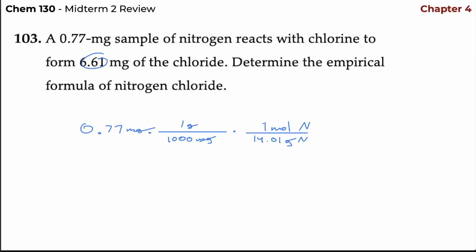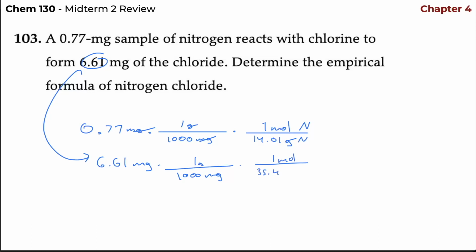And then for this one, we're going to do the same thing, 6.61 milligrams, multiplied into grams, and then multiply it again, 1 mole over what is it for chlorine, 35.45 grams, right? And then we're gonna get some number here, and some number here, and we're gonna see which one is smaller, and we're gonna take the smaller one and divide it by the larger one, right?